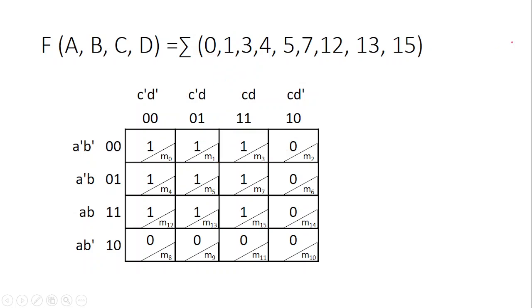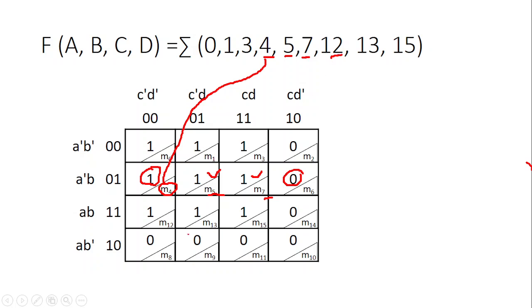The next one is 4, so the corresponding min term is made 1. Similarly 5, we look at the min term 5 and make it 1. 7 is mentioned, so make it 1. The remaining term 6 is not specified, so make it 0.